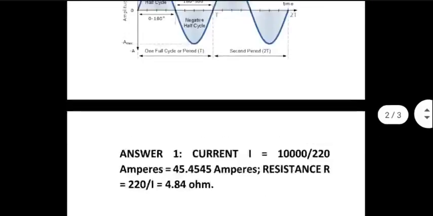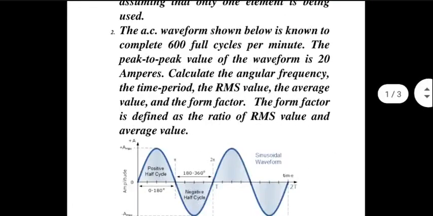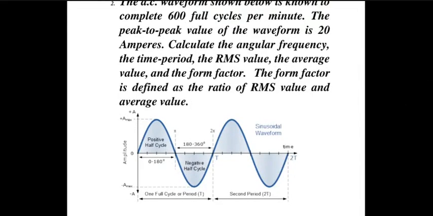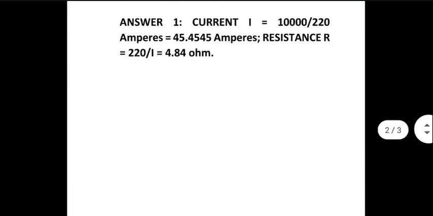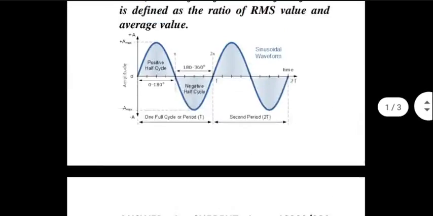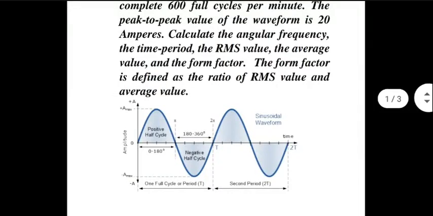Yes, that's correct. Average value we have seen in previous lecture. Over a full cycle, average value is 0. And I guess that is what they want. So, yeah, 0. And form factor is RMS value divided by average value. So because average value is 0, the form factor is infinity.